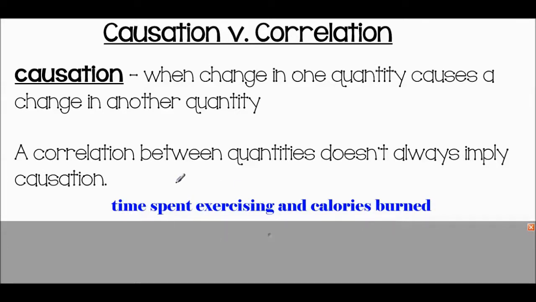Does the time I spend exercising affect how many calories I burn? Well, of course it does. If you've ever been on a treadmill, the longer you stay on that treadmill, the more calories you're burning. You can see those calories adding up the longer that you're on that treadmill. So that would be a causation.